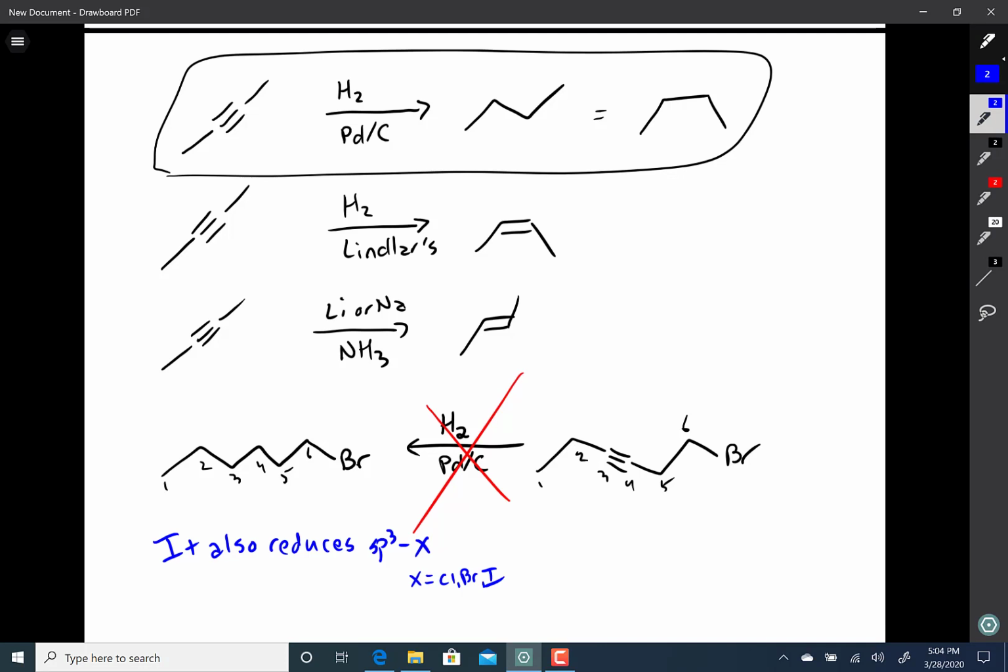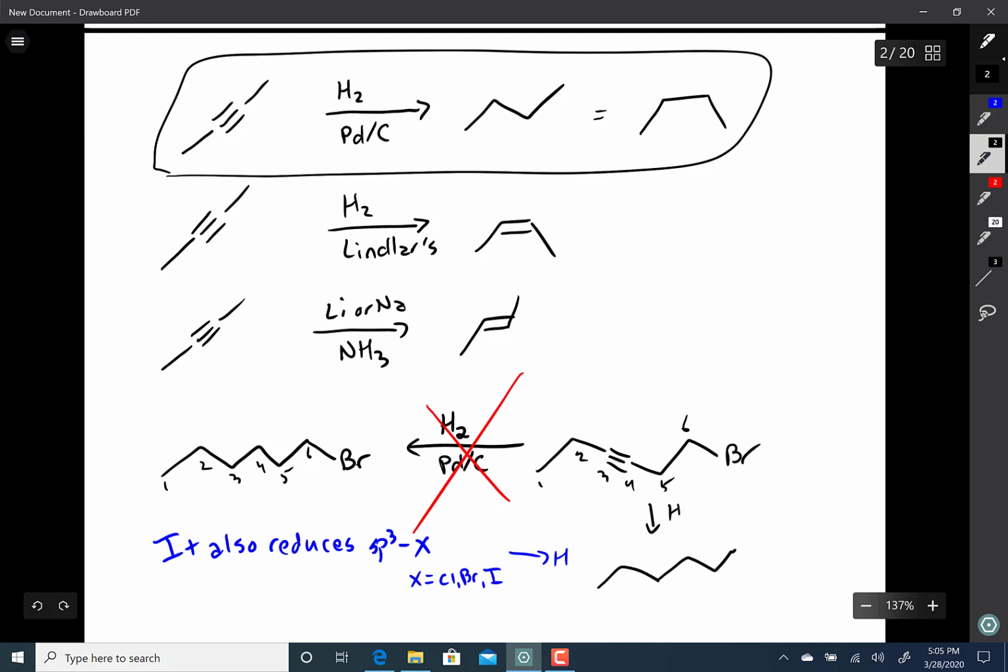I'm not mentioning fluoride because that's in a whole different ballpark. We won't be dealing with fluoride that much. But these other halogens will reduce those also to the alkane. So hydrogen, palladium, and carbon doesn't give you this product. Not only does it reduce the alkyne all the way down to the alkane, it also replaces the carbon-halogen bond with a carbon-hydrogen bond.